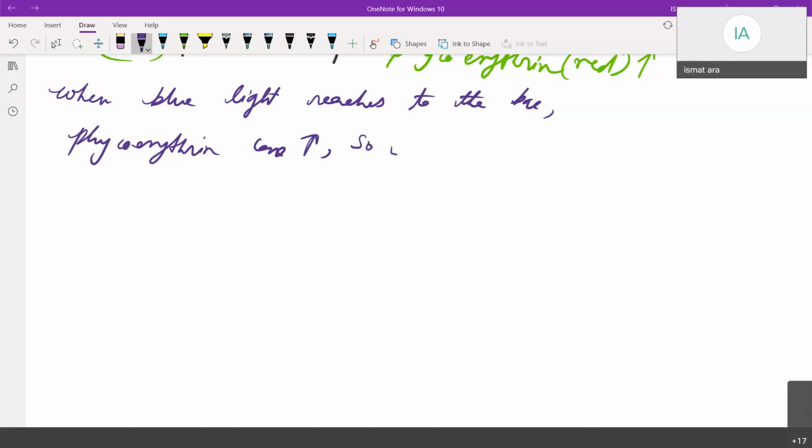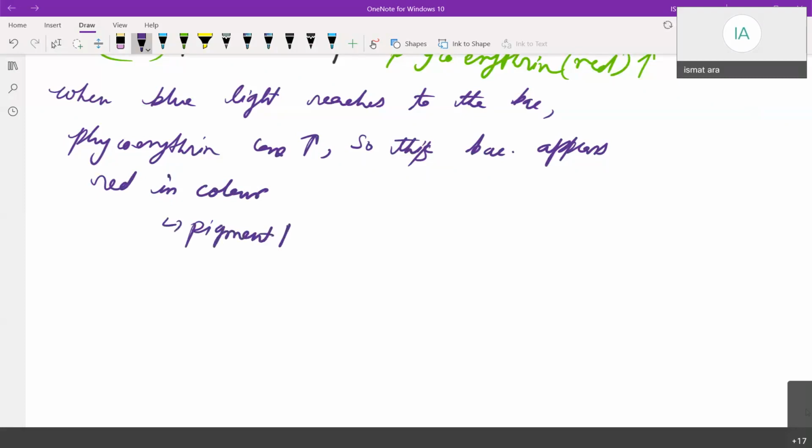So this bacteria appears red in color. So they are absorbing more pigment. As a result, more light is absorbed. As a result, photosynthesis also increases.